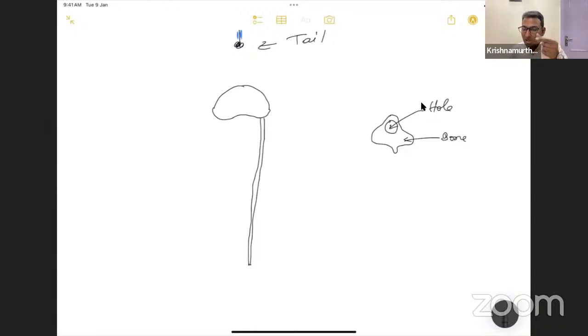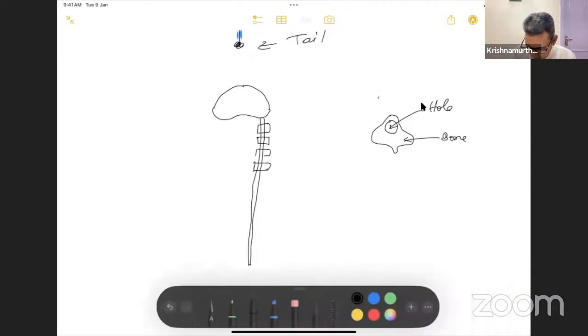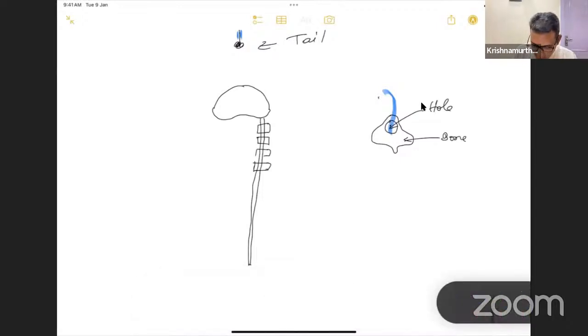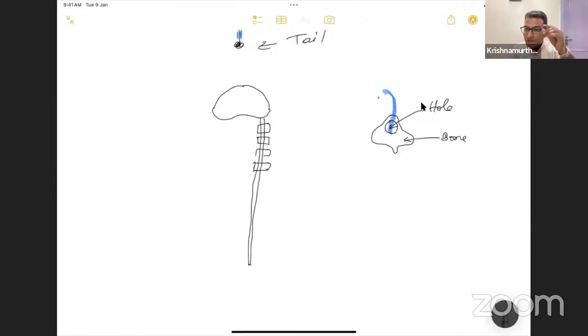If you see the vertebra, there are multiple vertebrae, multiple bones. And within that bone, there is a hole. So through this hole, the spinal cord goes. So when we say spine, it includes the spinal cord.